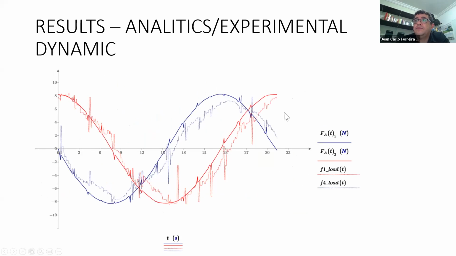In this graph it's possible to see F1 and F4, points 1 and 4 of the load cell, in dotted line, and the continuous line again is my analytical results. I compare my analytical results with my experimental results.